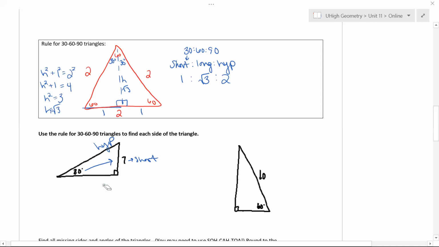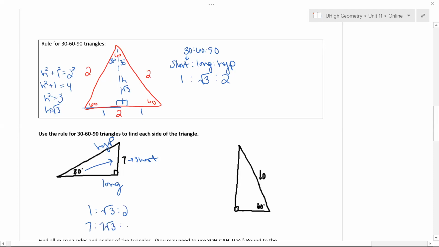So if I'm looking at my 1, root 3, 2, my short side is 7. My long side is going to be 7 root 3.